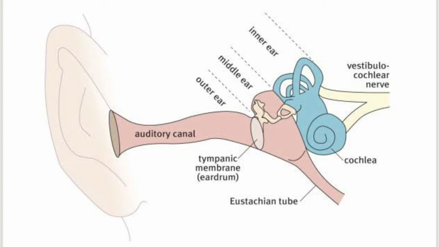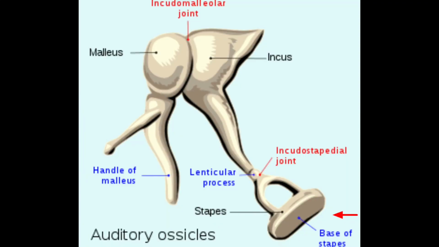It transmits vibrations to the incus, which in turn transmits the vibrations to the small stapes bone. The wide base of the stapes rests on the oval window. As the stapes vibrates, vibrations are transmitted through the oval window, causing movement of the fluid within the cochlea.